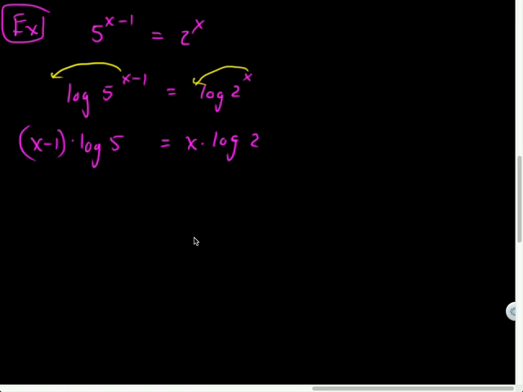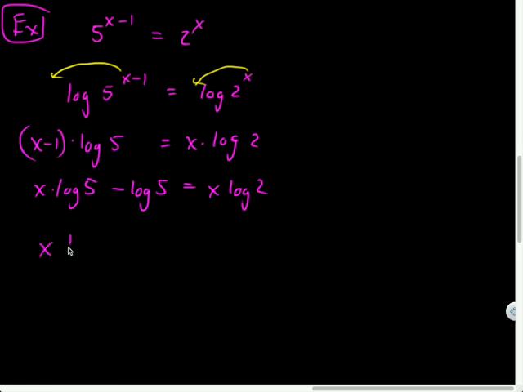Get all the variables on one side. But in order to do that, I'm going to have to first distribute over here. So I'll distribute the log 5 to both of these. We'll add log 5 to both sides and subtract x log 2 from both sides, because our goal is to get all of the variables together and all of the non-variables together.